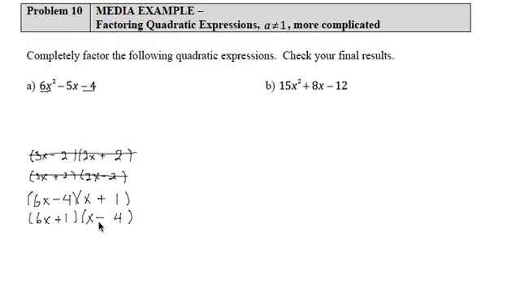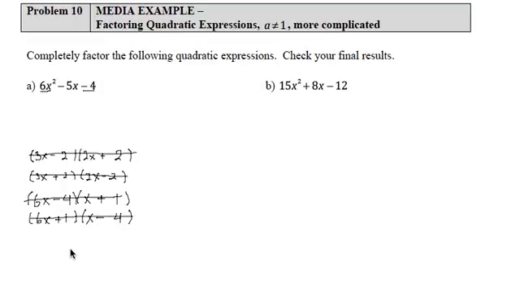All right. So we know the first and the last multiplication are going to be correct. Let's check the inside. So here we have 6x minus 4x is 2x. That is not going to work. Here we have 24x plus x. That's 25x. That is really not going to work.